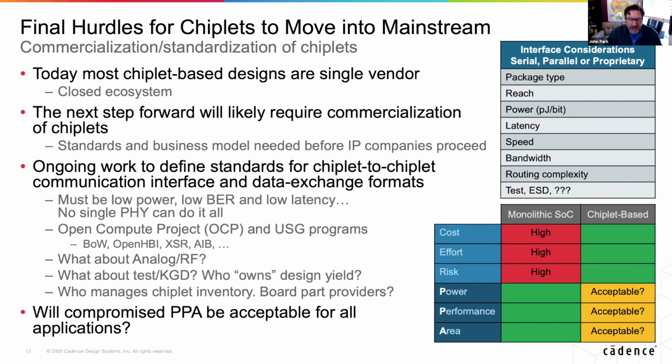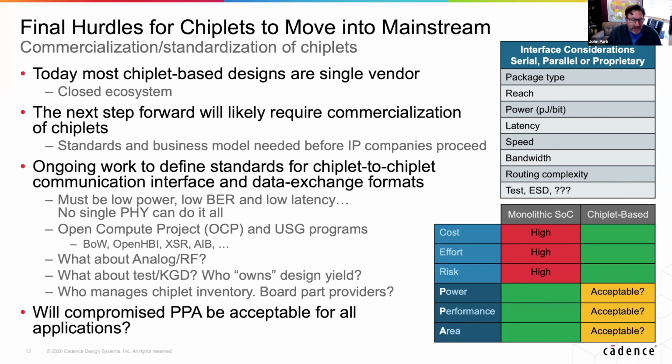Does it make sense that foundries have it? Maybe. If you go to a foundry and they can provide you a library of chiplets to integrate with the wafer they're going to build for you, you could certainly make a case for that. But these are all ongoing discussions. There are no final answers to any of this at this moment in time.